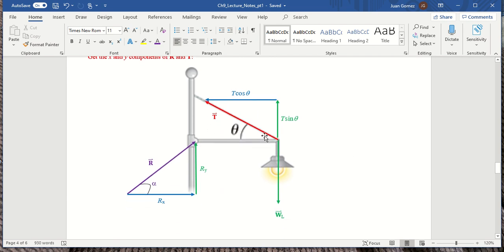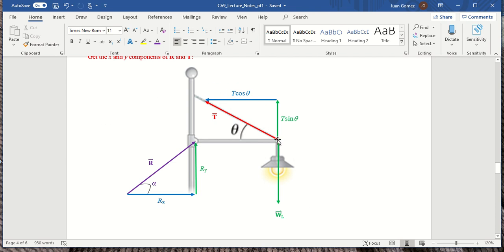Imagine if the support beam were free to rotate about that pivot, what rotation would the tension force produce? Well, it would produce a counterclockwise rotation.